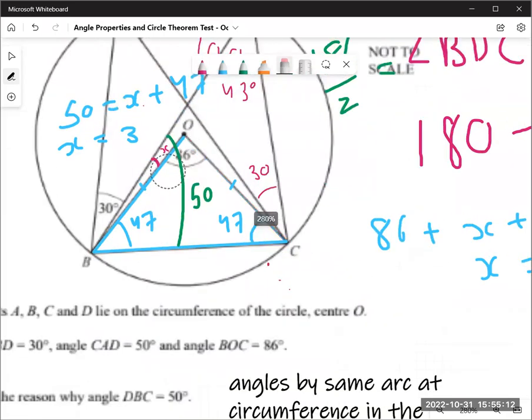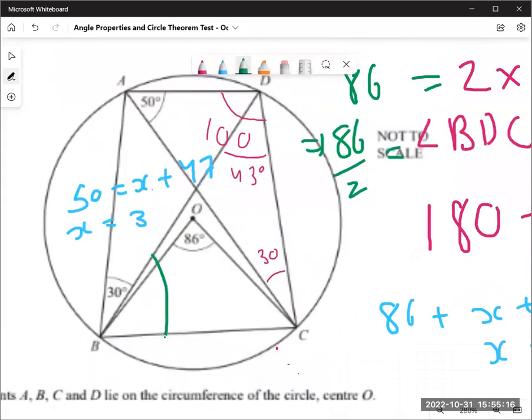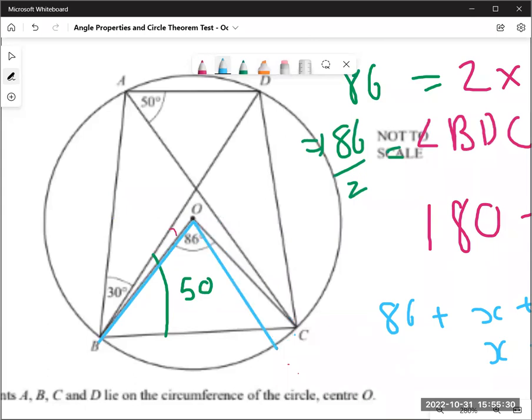Now we'll look at the last one more time. Since I know that this is already 50 from the last part, they're asking me to find this small angle right here. If I look at just this shape, I can realize this is an isosceles triangle.